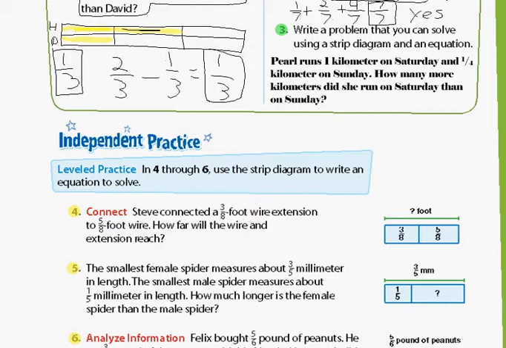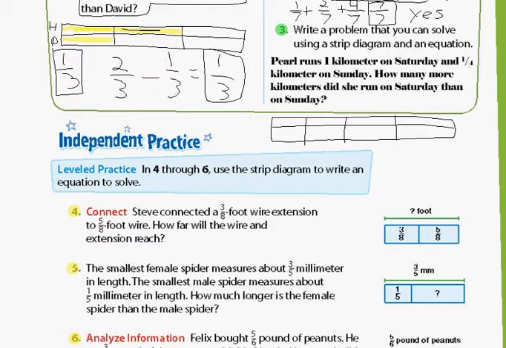So, strip diagram. My denominator right there is fourths, so break that in half and break each one of those in half. That should give me fourths.